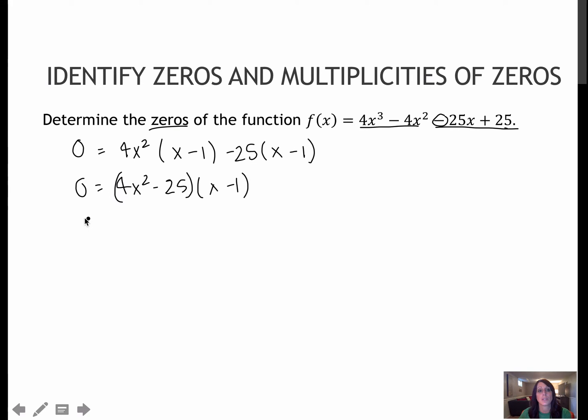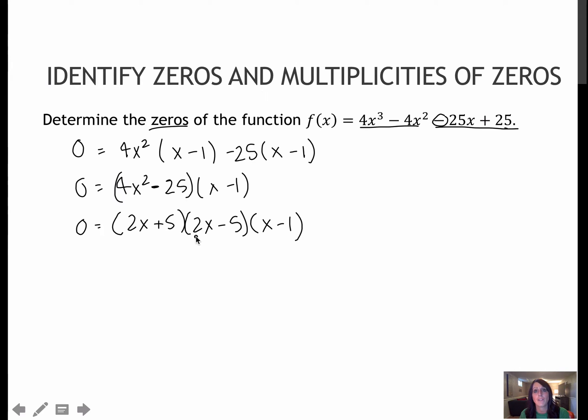This does turn out to be a difference of squares pattern again. 2x plus 5, 2x minus 5, x minus 1. Again, difference of squares because I had a perfect square here. The square root was 2x. A perfect square here. The square root was 5. And there was a minus in between. You have the cheat sheet for factoring that's in, I believe, your week 2 and your week 3 folder.